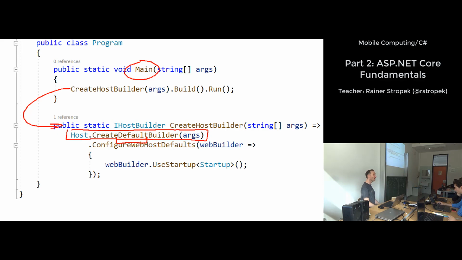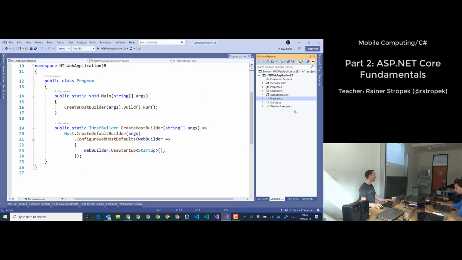And for starting up an ASP.NET application, all we need to do is create a so-called startup class. This is what we have to write. So to make a long story short, for this course, the Program.cs just works. Maybe at the end of this year, we will do some minor changes here. I'm not sure how far we will get, but currently leave it as it is. It just works. It spins up your web server and it will run.